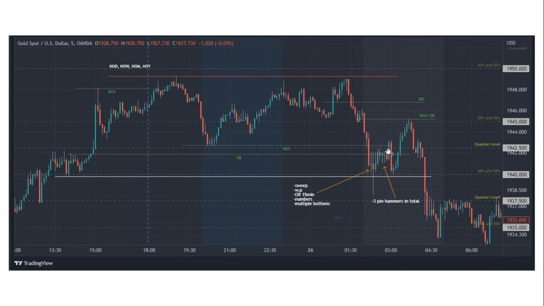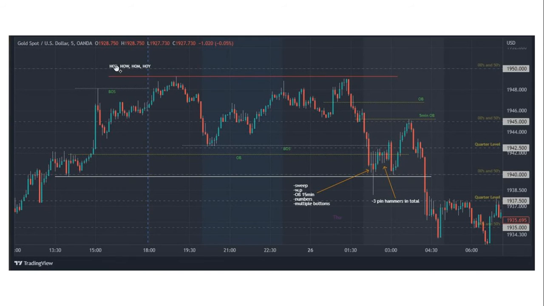Now this becomes a W pattern with multiple bottoms. That is another confirmation. And then we have these three pin hammers, 1, 2, 3, which is another confirmation to enter buys. And this is where I took my partial profits and then price came back down.